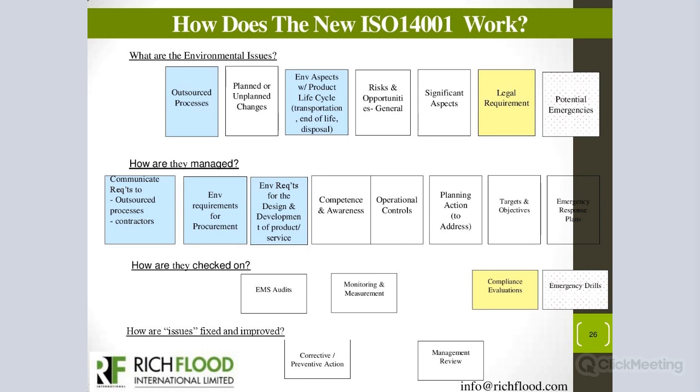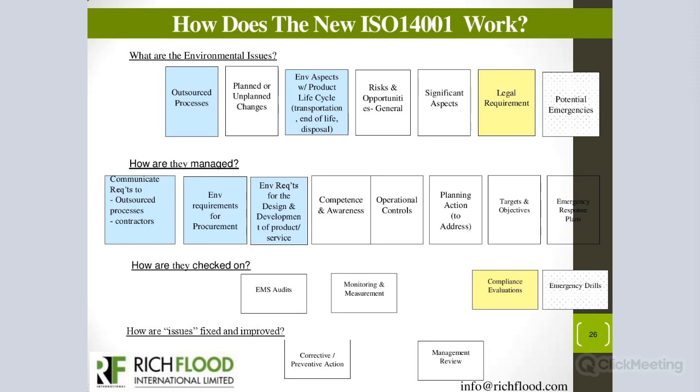You try to look at the environmental aspects such as waste production, the life cycle, transportation, the end of life disposal. Look at the issue of risk and opportunities. Look at the significance of the impact. Evaluate the legal requirements and also the potential emergencies.